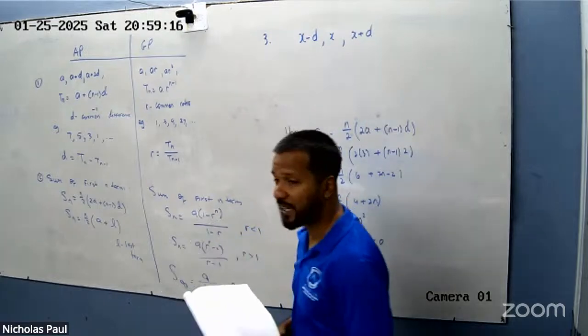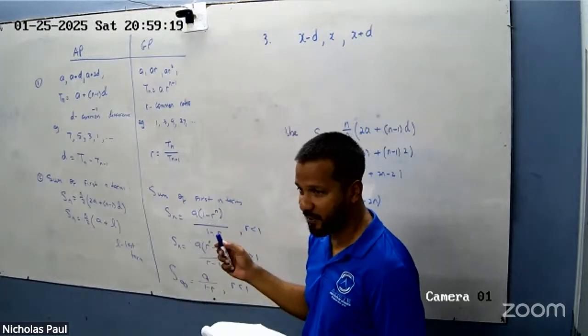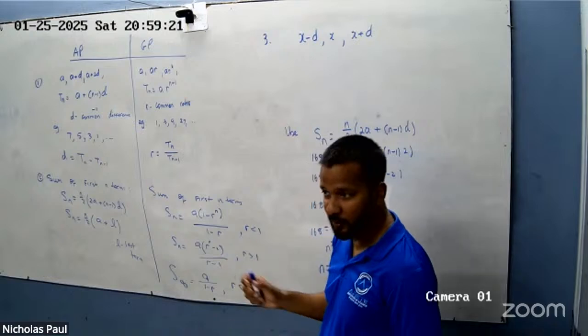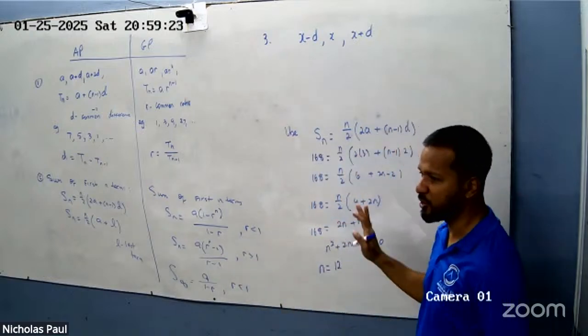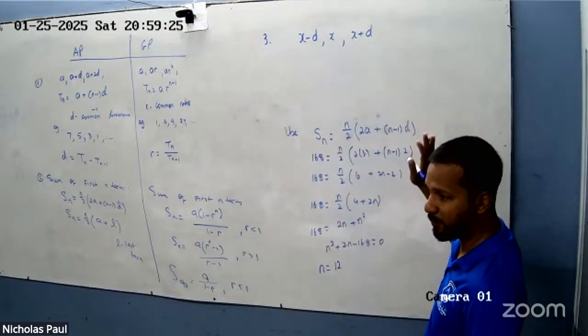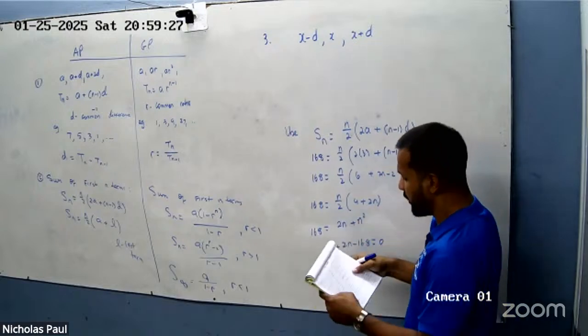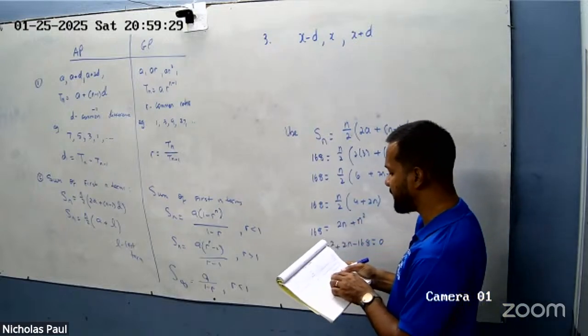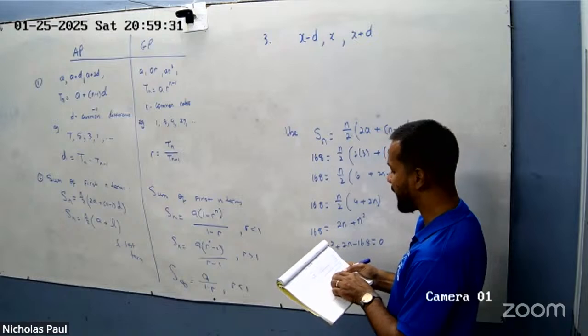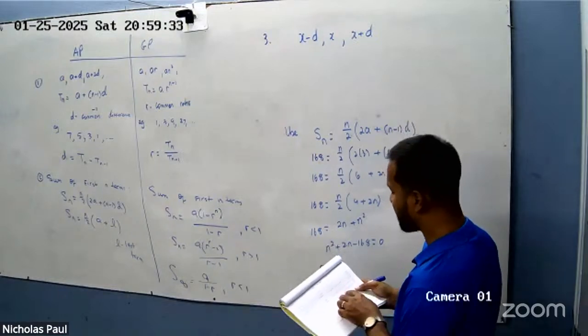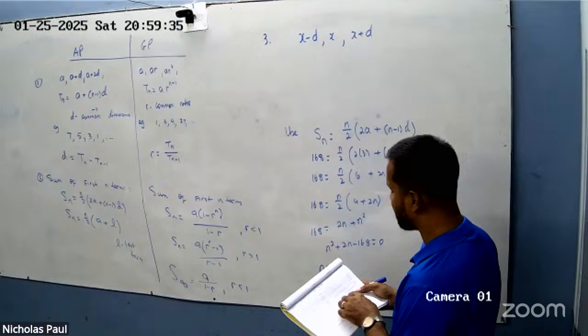They did not say first, second, and third. Just three consecutive. It could be any three, like 9, 10, 11. It could be anything.